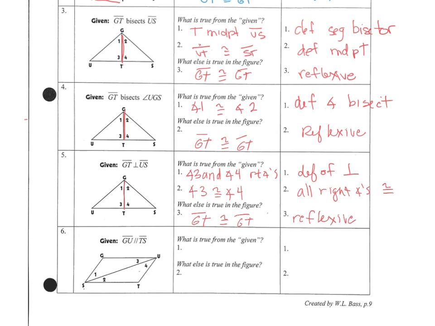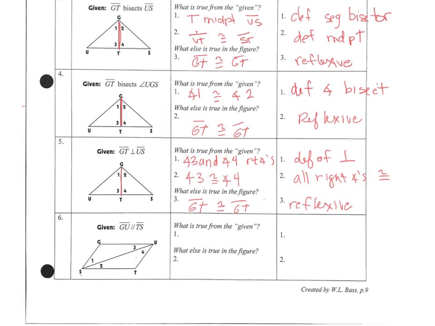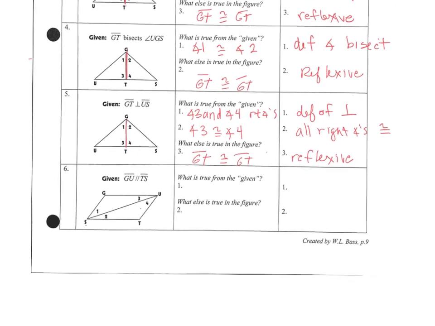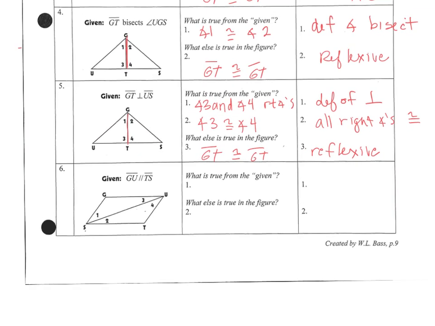All right, the last one on this page, number 6. Move it up here a little bit, make it bigger. We are told that we have segment GU and it is parallel to segment ST. So what is true about the given information?